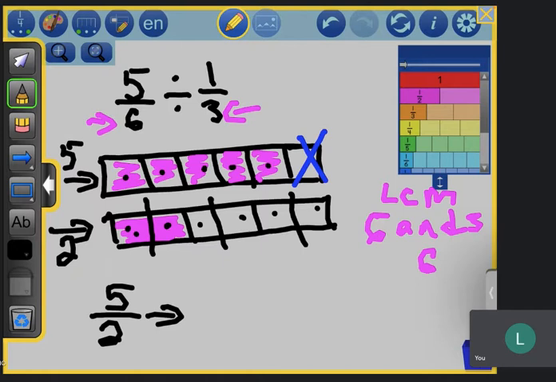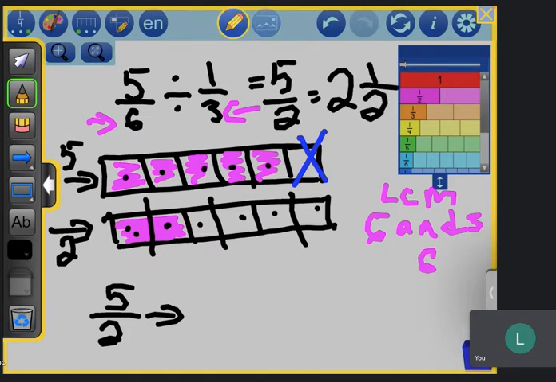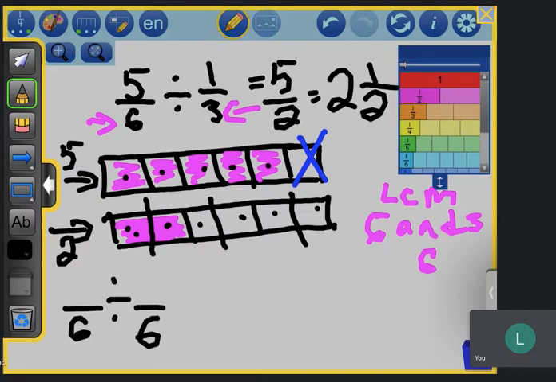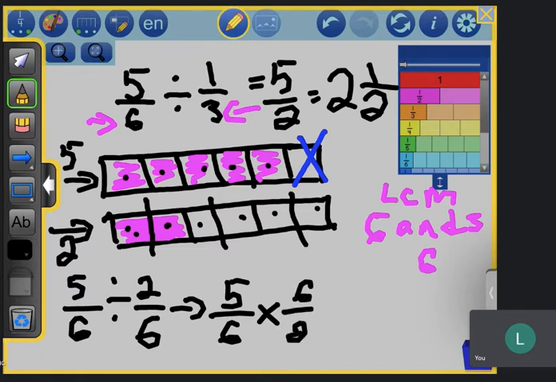And we can check that using the algorithm. But first, 5 over 2 equals 2 and 1/2, because 2 goes into 5 two times, 1 left over, and a 2 underneath because I keep my denominator. So we can check that, but first I want to show you they'll each have a denominator of 6. Keep, flip, change, the 6s cancel out, and you have 5 over 2.